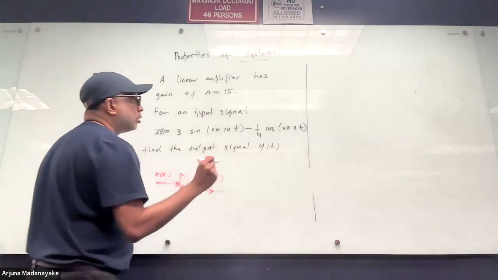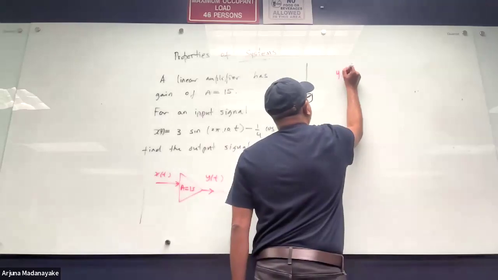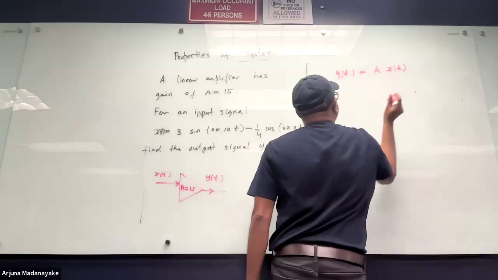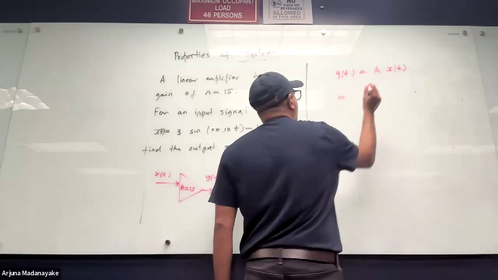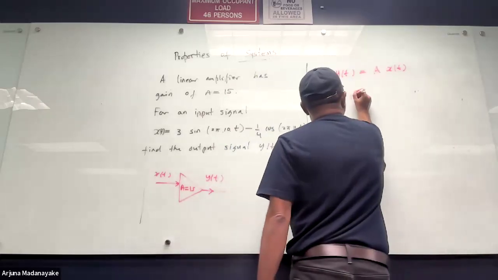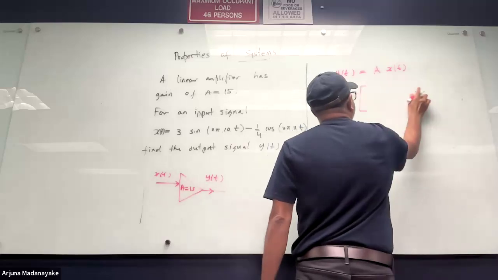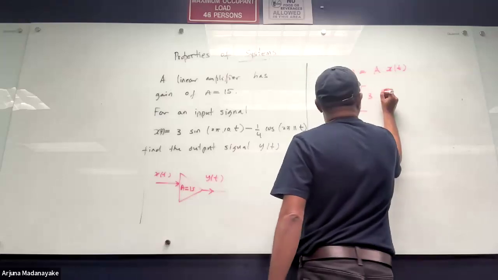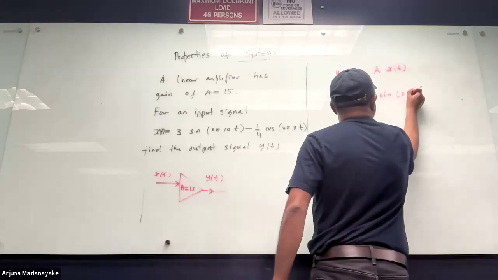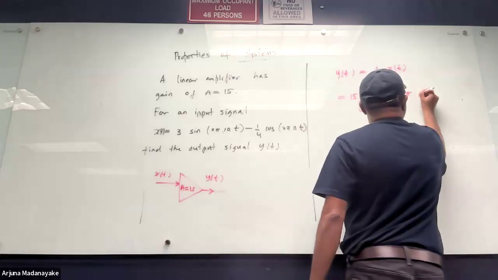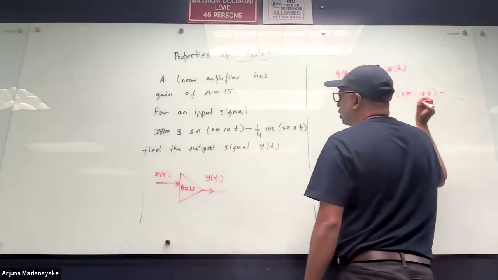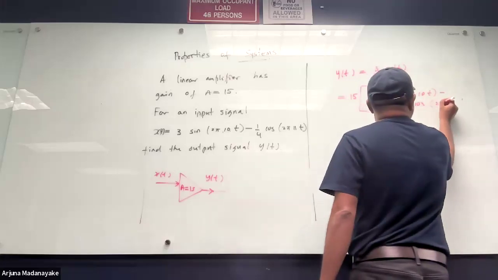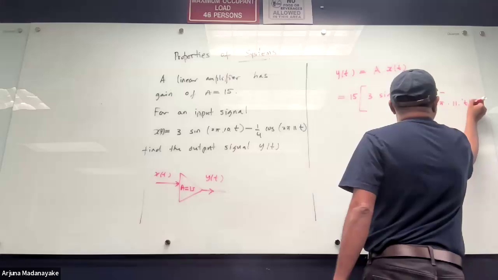So we know that y of t is by definition the gain times x of t. So I can plug in values. A is what? 15. And the waveform x of t is this one. 3 sine 2 pi times 10t minus 1/4 cos 2 pi 11 t.